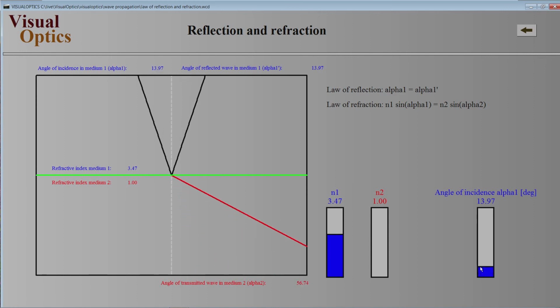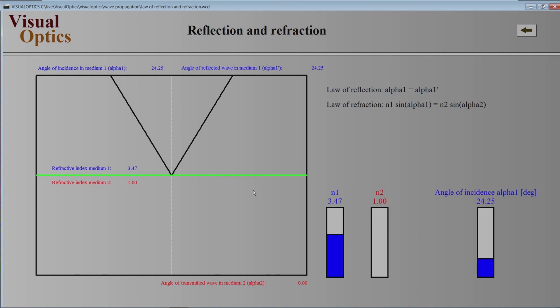If we cross a certain threshold, and that's called the angle of total reflection, what happens is that there is no transmitted beam at all, no radiation in medium 2 at all, and 100% of the radiation is staying in medium 1. So we have a straight 100% reflectance in this case. That's called total internal reflectance.